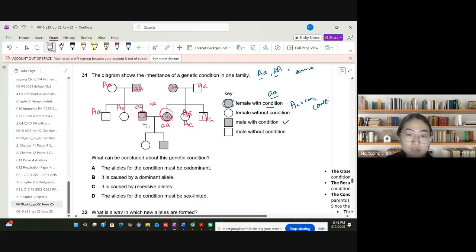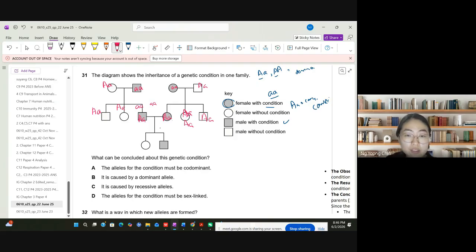So that's why if you put it this way, right, you have the AA and AA. One big A, one small a. Okay, one big A, one small a. And then this is caused by the dominance allele. So you produce what?